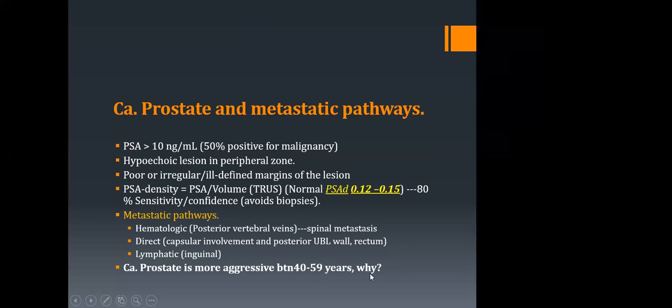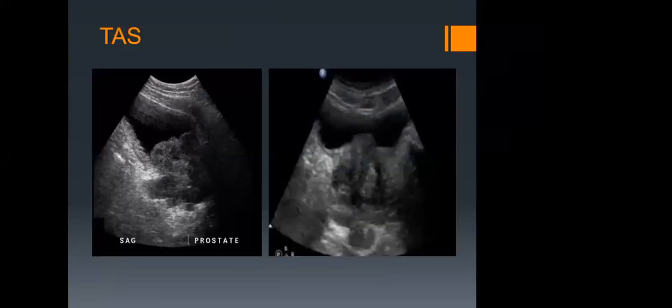Why is it so? This is my take-home question. Why is cancer of the prostate aggressive in this age group? Me and you, let's find out in our daily practice.